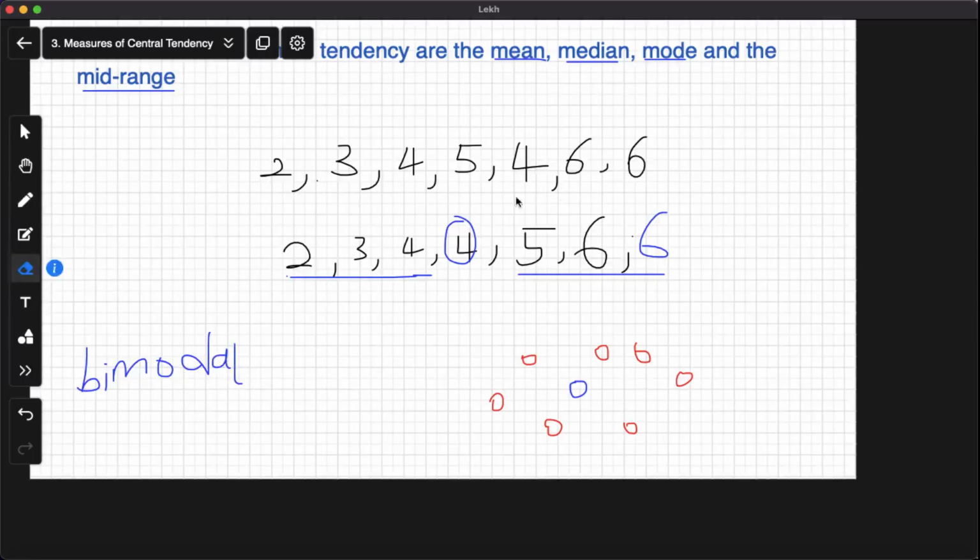So let's just put 7 here. That way we can have only 1 mode, the number that has the highest occurrence, and that will be 4 in this case. 4 occurs twice, and that's the maximum number of times any of the values show.